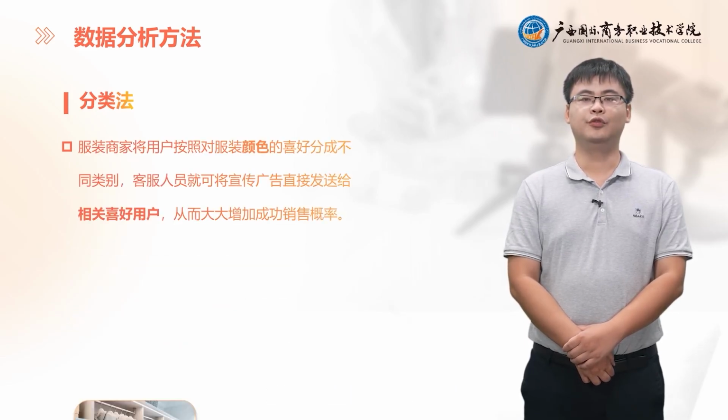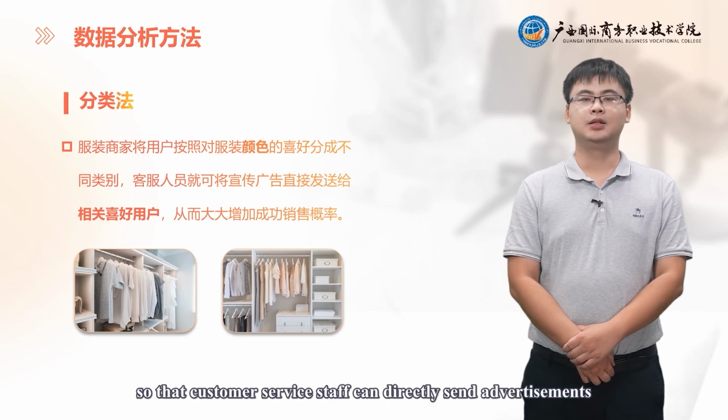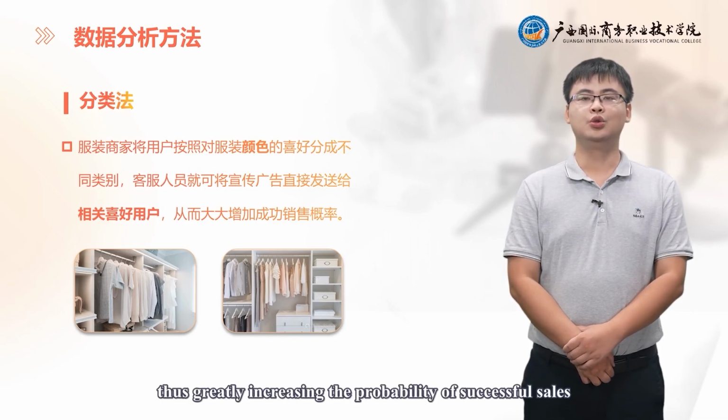For example, clothing merchants divide users into different categories according to their preferences for clothing colors, so that customer service staff can directly send advertisements to users with relevant preferences, thus greatly increasing the probability of successful sales.